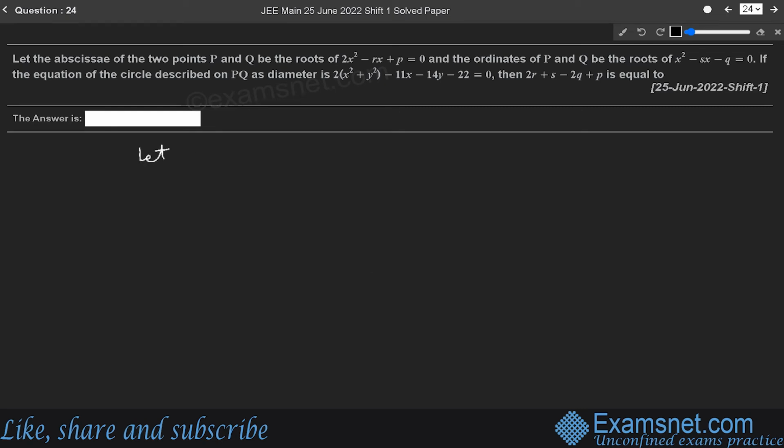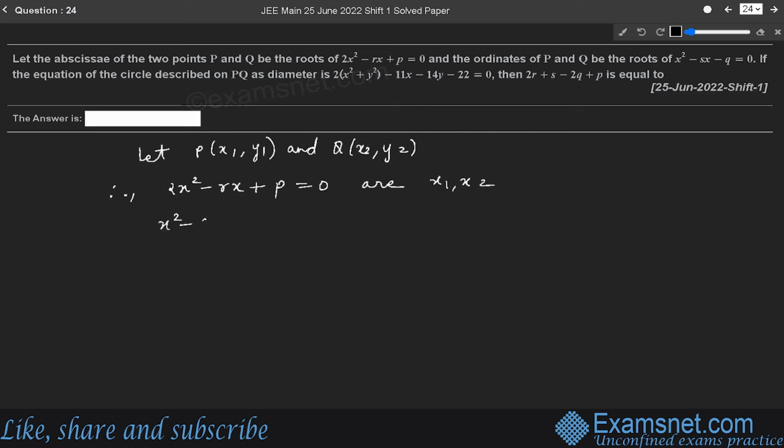Let P (x1, y1) and Q (x2, y2) be the coordinates of P and Q. Therefore, roots for the equation 2x square minus rx plus p is equal to 0 will be x1 and x2, and roots for the equation x square minus sx minus q is equal to 0 are y1 and y2.